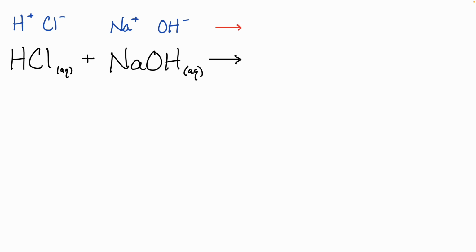So now I'm going to swap my cations here. I'm going to pair my sodium with the chloride and my hydrogen ion with the hydroxide ion. All right, so hopefully we've beaten NaCl to death here.